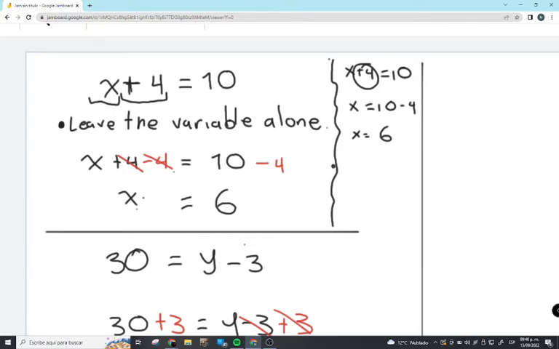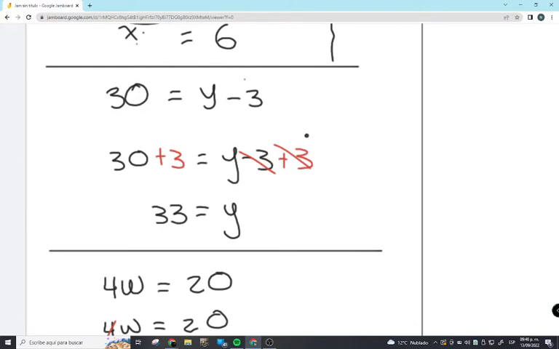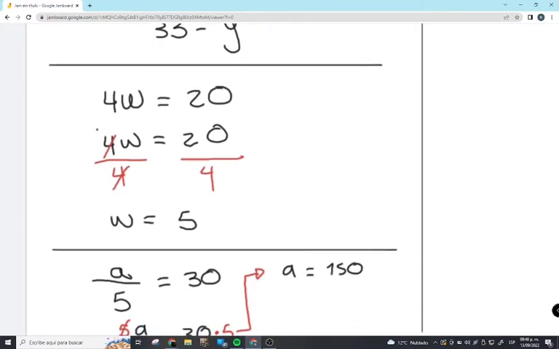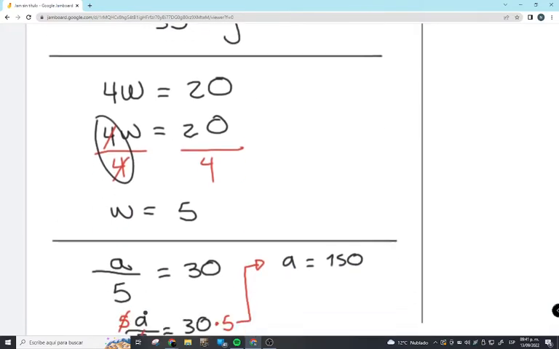And yes, this method is true, but this is just a simplification of the method that I taught you, because it's just skipping some steps, and it's letting you forget the fact that you are actually maintaining the balance of the equation by doing the same on both sides. It's just skipping this part, or this part, or this part.